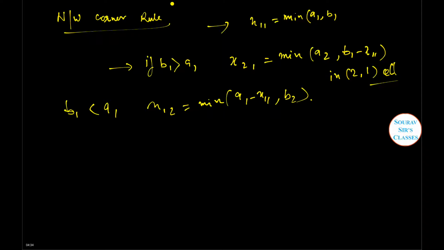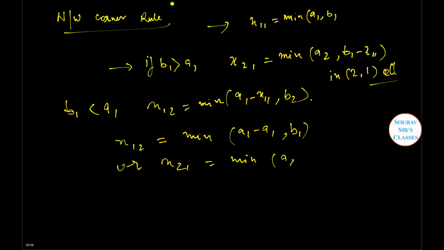If b1 is equal to a1, there is a tie for the second allocation. You can make the second allocation of magnitude at x12 or x21 and allocate minimum of a2 or b1 minus b1, which is equal to 0, into the cell.